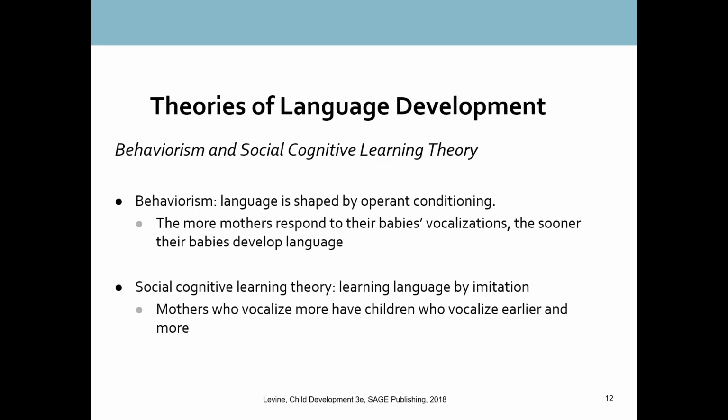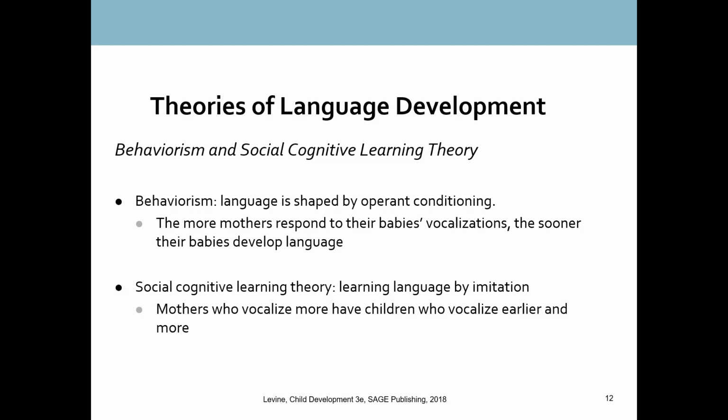Anyway, so the way that behaviorism and social cognitive theory works is that we learn language through imitation, and then it's shaped through operant conditioning. We originally imitate words we've heard, and then if we get them wrong, they're corrected or punished in a sense. And if we get them right, they're rewarded.